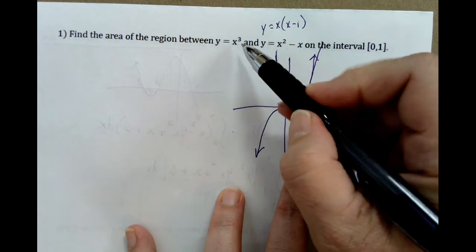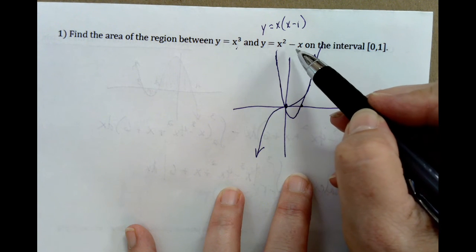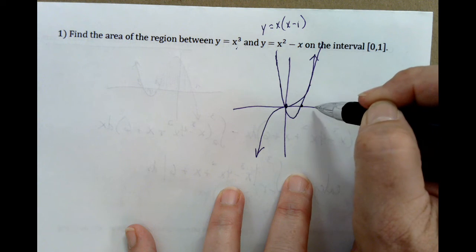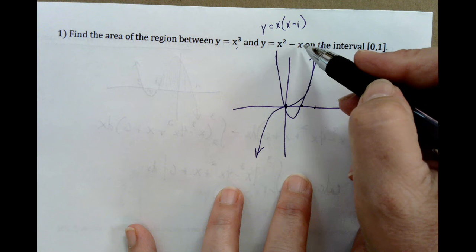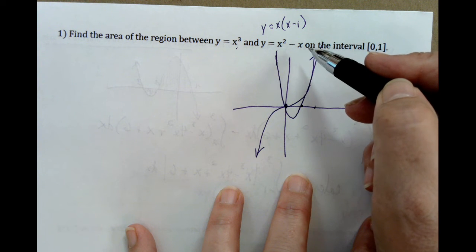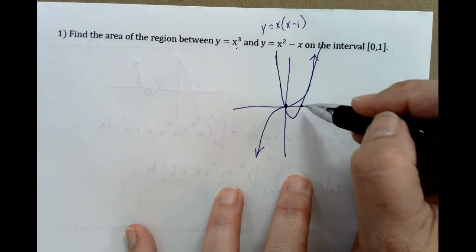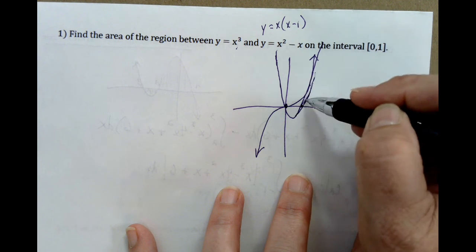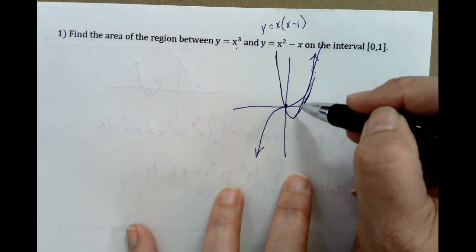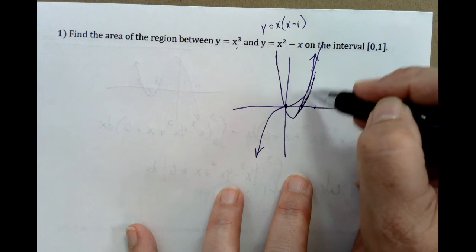This is 1, that would be 0. Do the values at 2. That would be 8. This would be 2. So the quadratic is below the cubic over here.